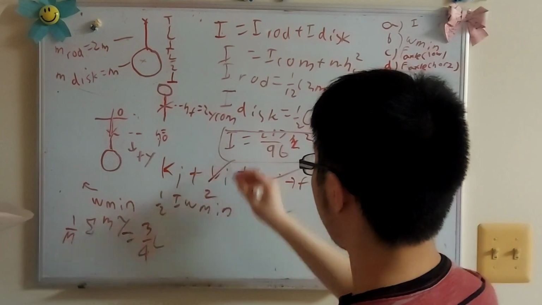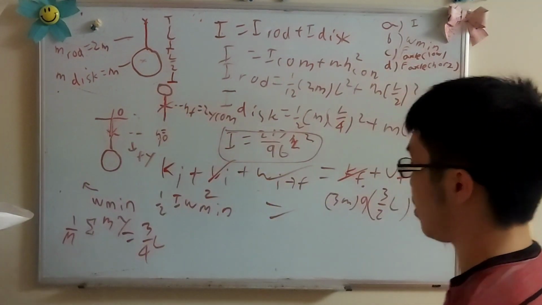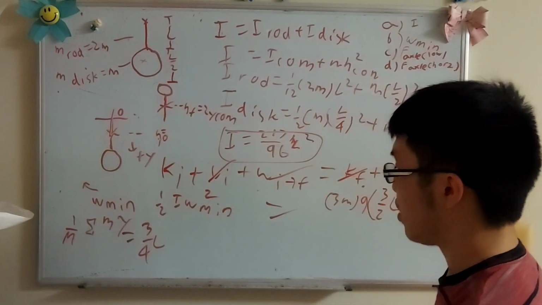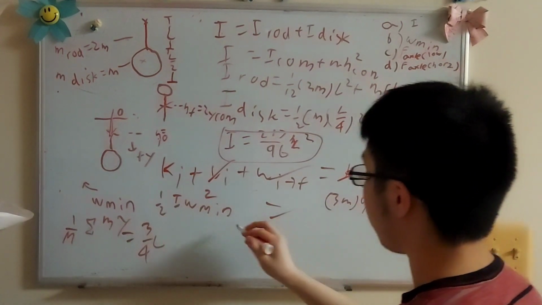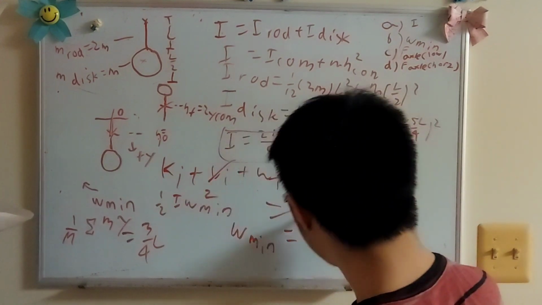And none initially because its height is 0 initially. No kinetic energy either because of what I said before about omega being 0 at the top. Then you would find the inertia, use inertia from last time, and then you get the answer.